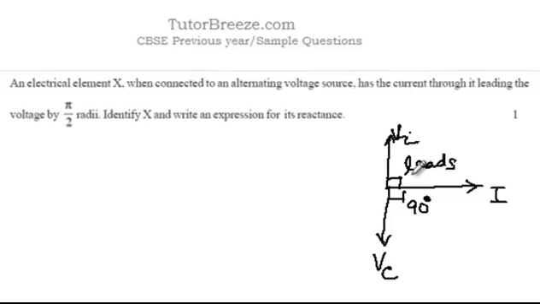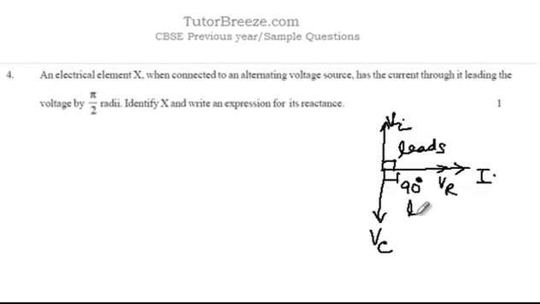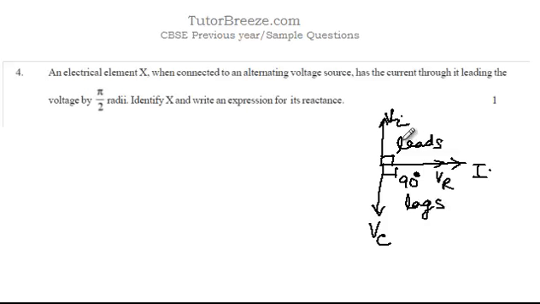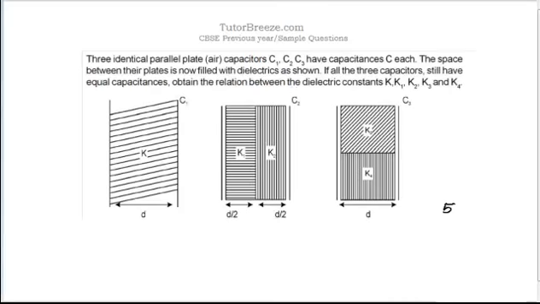Now you can make your own memory mnemonic, but you need to memorize this, that the voltage across the resistor is in phase with the current, the voltage across the capacitor lags the current by 90 degrees, and the voltage across the inductor L leads the current by 90. This is a 5-mark question.